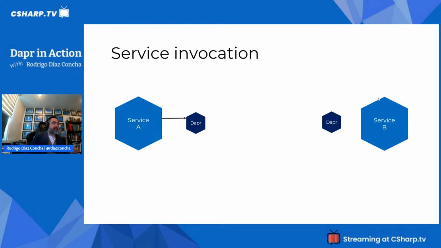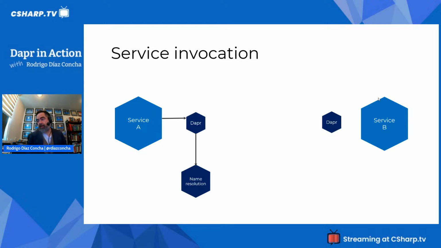So you send this message to the Dapr sidecar, and the Dapr sidecar is going to use a name resolution component that is configured when you initialize Dapr. If you're running in self-hosted mode, in this case, it's going to use the local DNS service that your machine has.